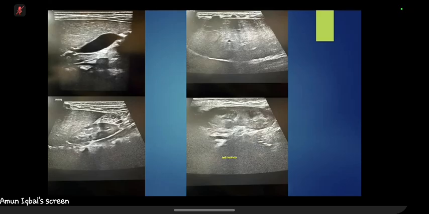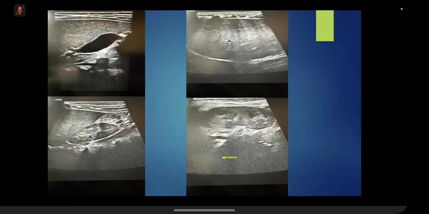I can see gallbladder increased echogenicity surrounding the wall of gallbladder. However, no evidence of any filling defect seen. Kidney is normal in size. Left kidney is also visible.